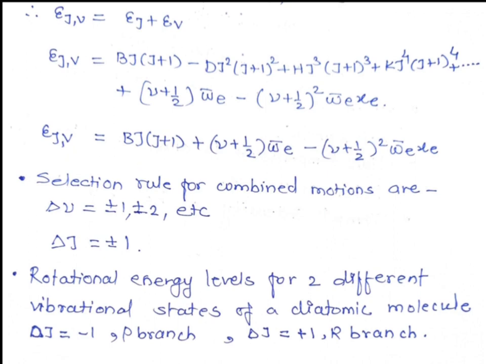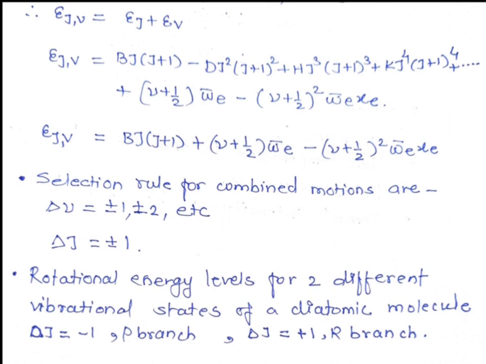So Bj(j+1) plus, write this as it is, (v+1/2) omega bar e minus (v+1/2) squared omega bar e xe. So this is the equation by which we can calculate the energy of a vibrating rotator.